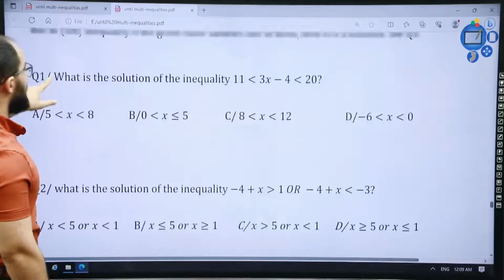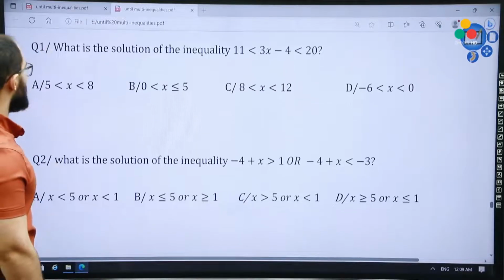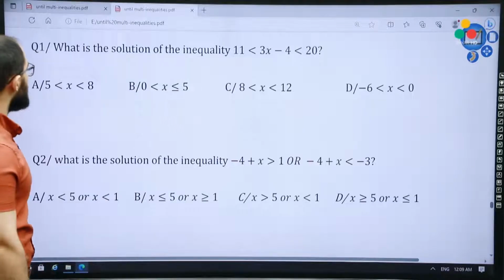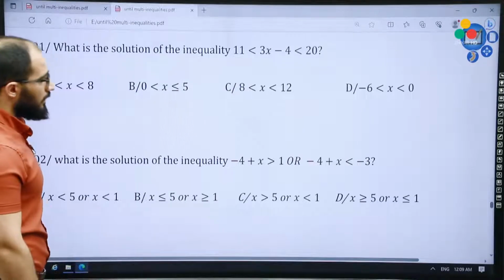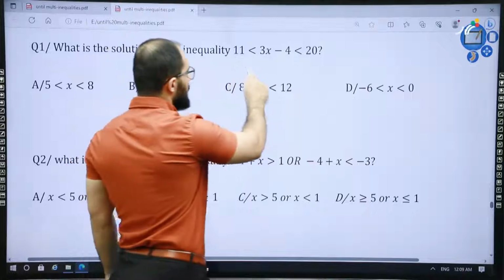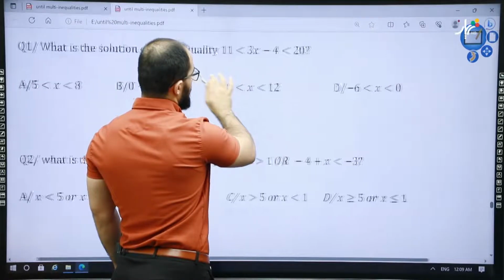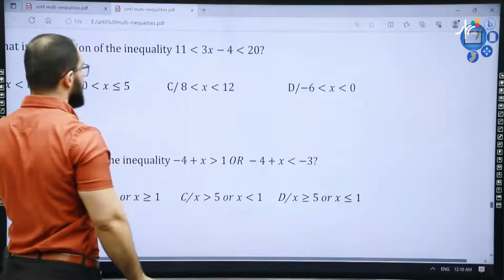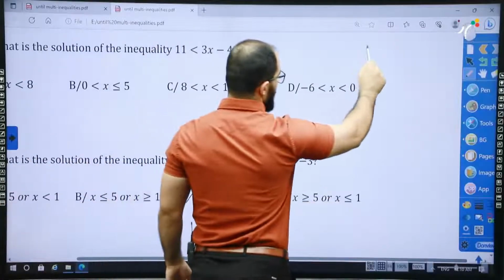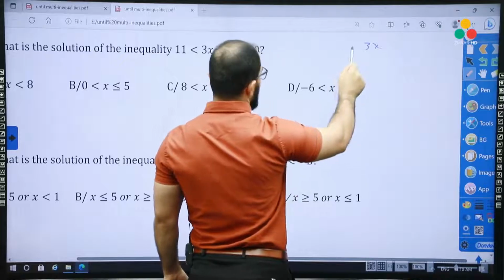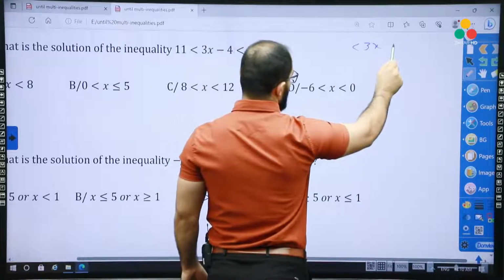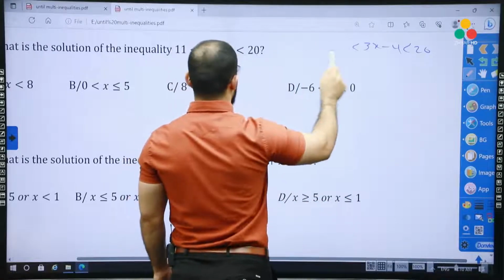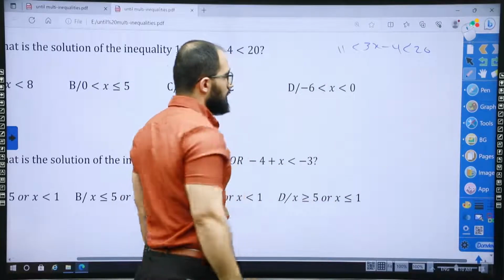So finally we have some practice questions. We are going to solve them and choose the correct answer. It says, what is the solution of the inequality? We have that inequality: 3x minus 4 less than 20 and greater than 11.